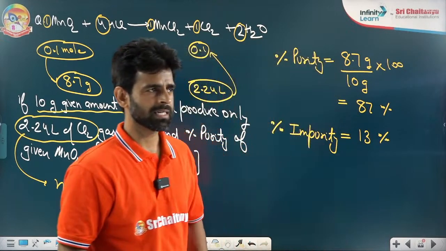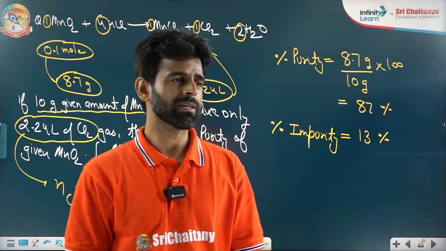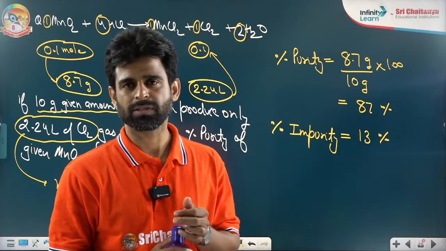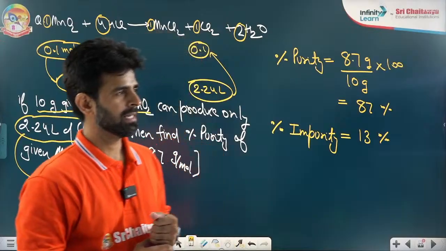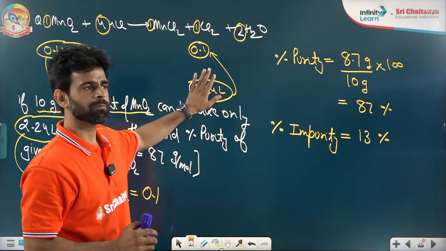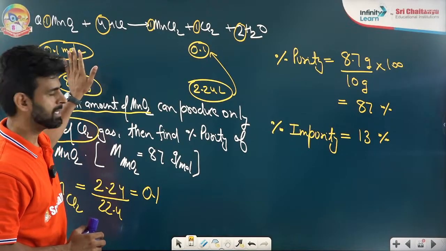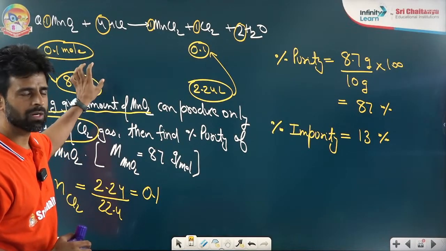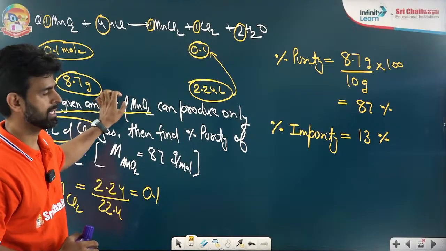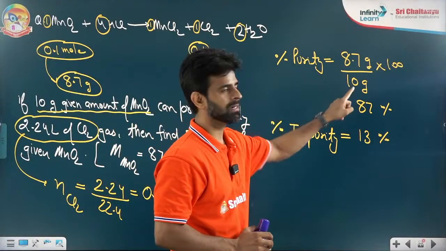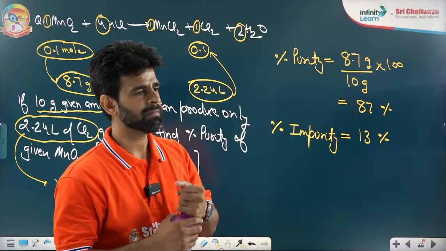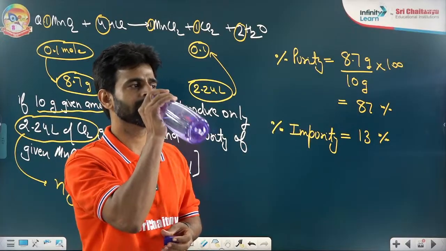It is just 13%. I hope we are clear here. It's a good question, right? Cl2, the product, will tell me how much reactant is actually used. This reactant is the actual amount of MnO2 present. Actual amount divided by the given amount, we can get the purity and impurity as well. Very good.